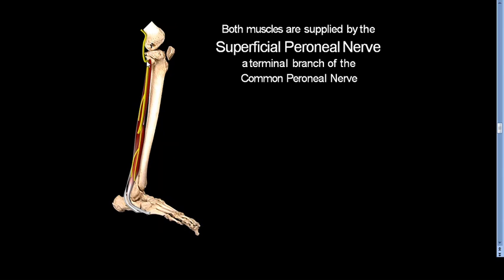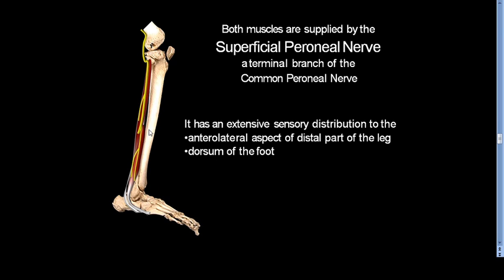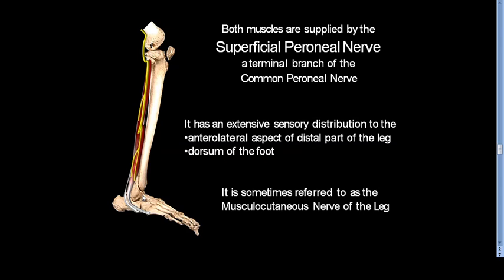It has an extensive sensory distribution on the anterolateral aspect of the distal part of the leg and the dorsum of the foot. So it is sometimes named the musculocutaneous nerve of the leg, right? Basically, this nerve is the only nerve of the lateral compartment.